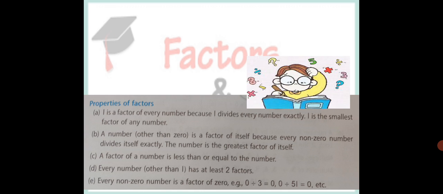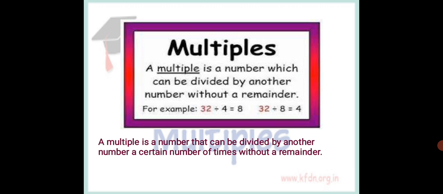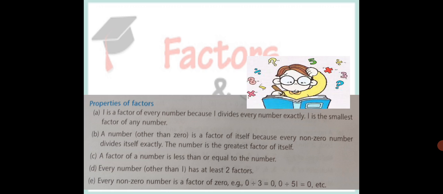One is a factor of every number because 1 divides every number exactly. So, we can say that 1 is the smallest factor of any number. Property number 2.